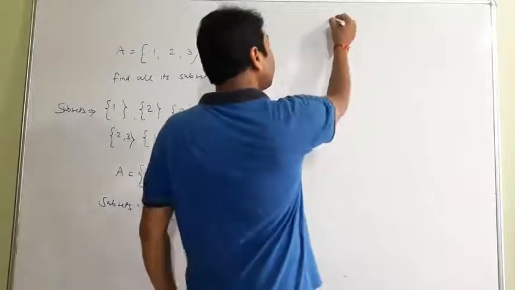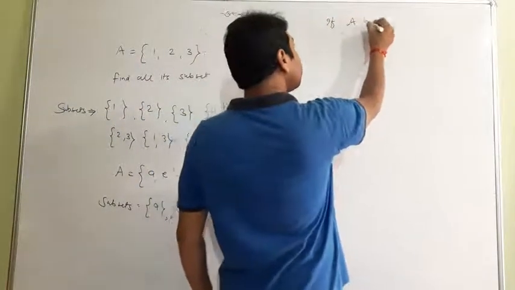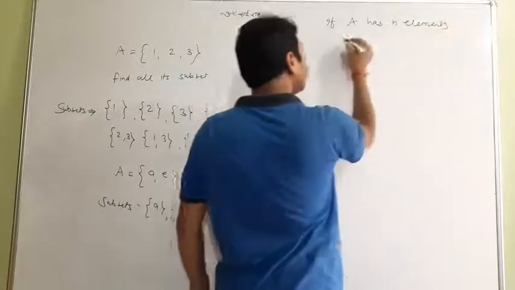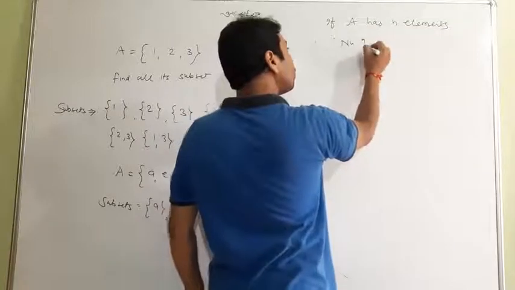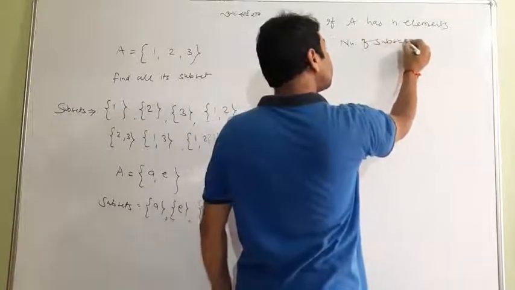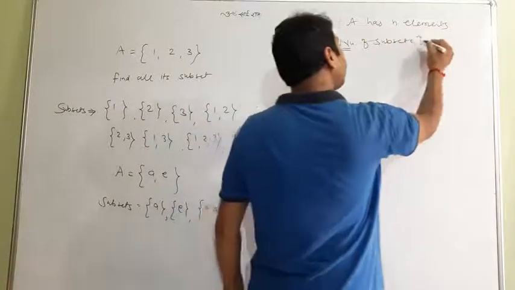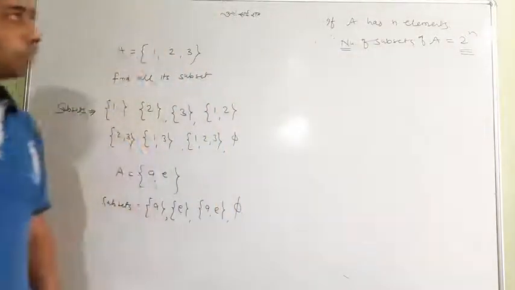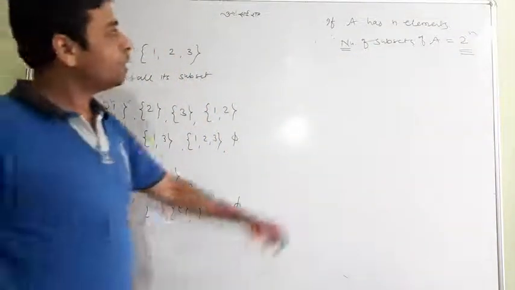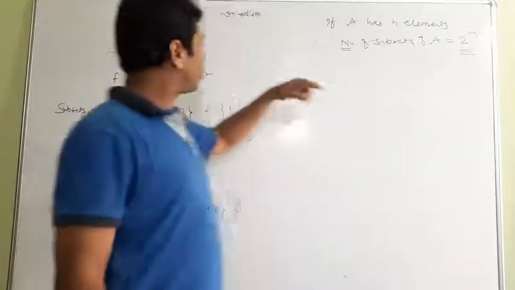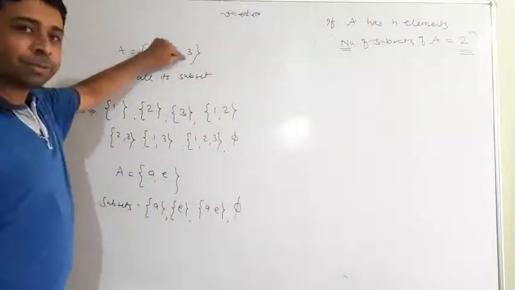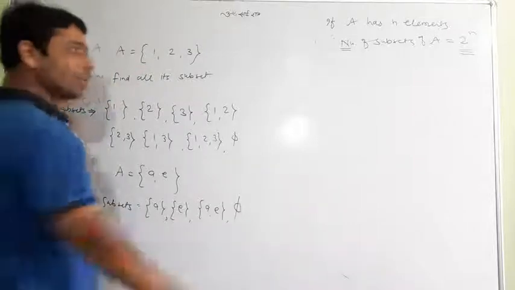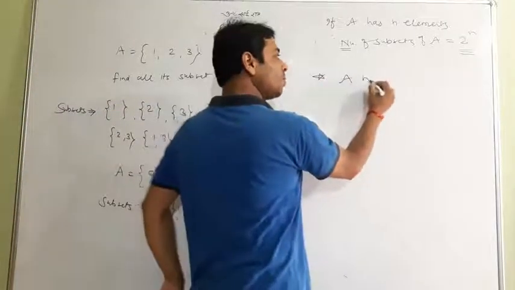So look properly: if A has n elements, the number of subsets of A will be 2 to the power n. This is a very important formula, guys, and nothing hard. A has n elements.